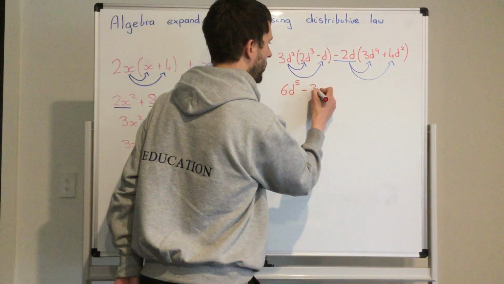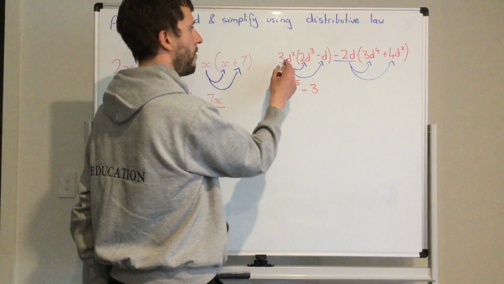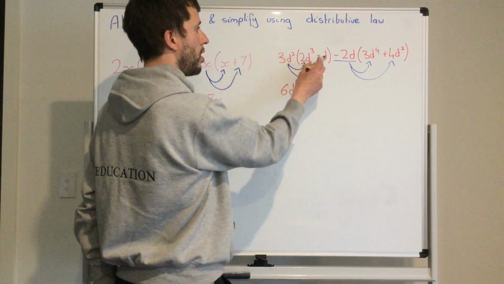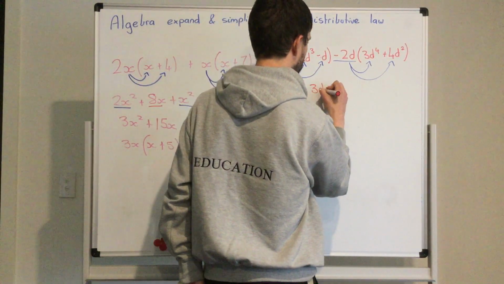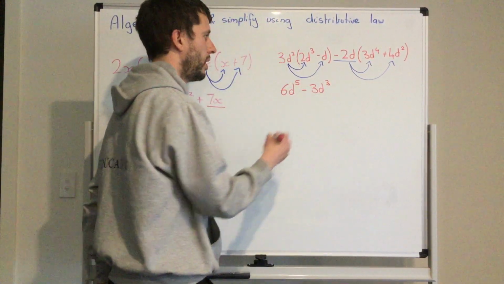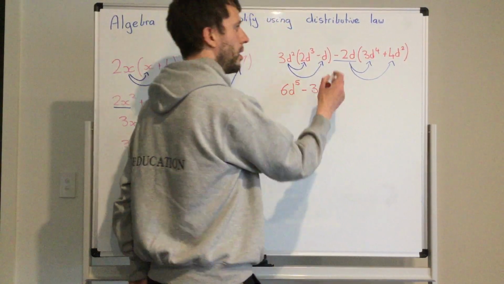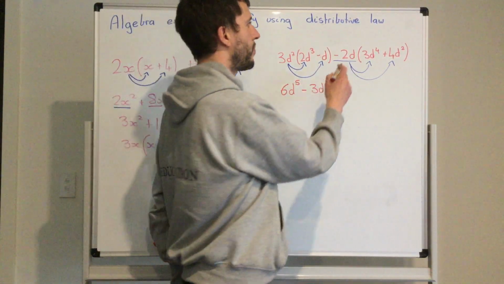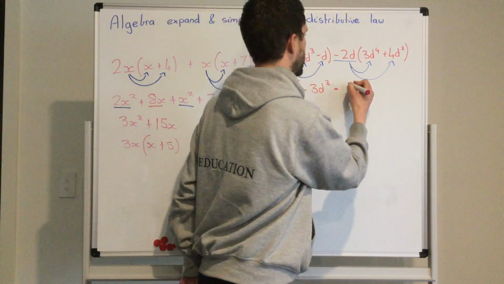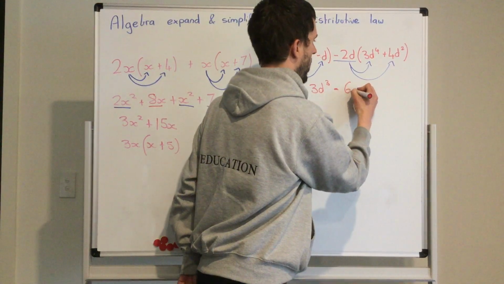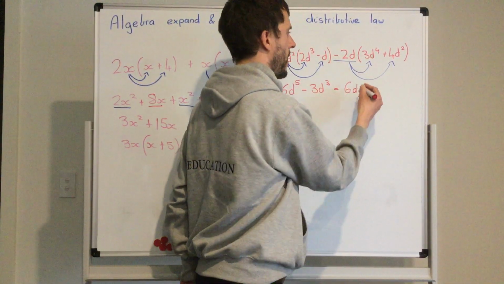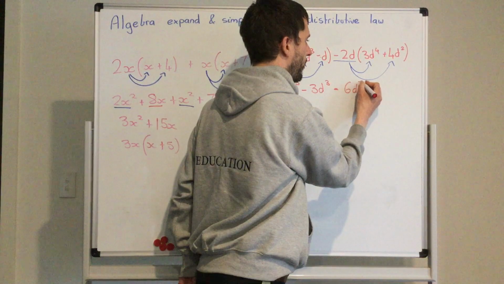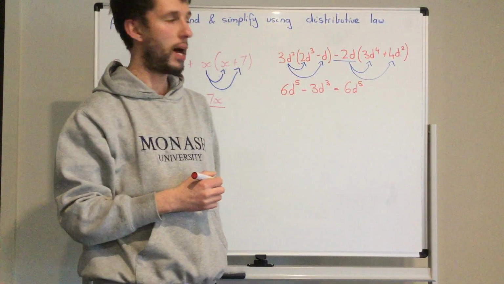I've got 3, and I have 3d. Here I go, a negative and a positive equals a negative, so it's takeaway. 2 times 3 equals 6. And I've got d to the power of 1 plus 4, so d to the power of 5.